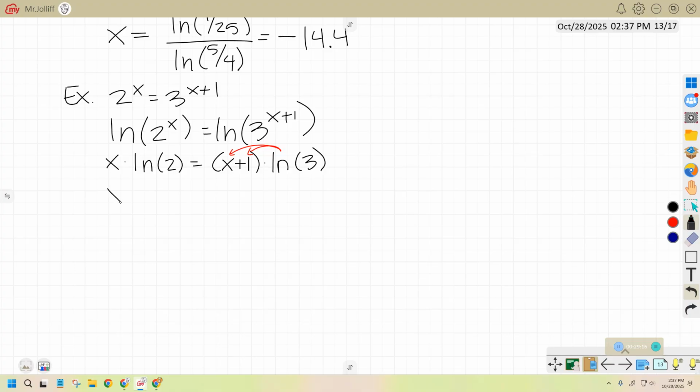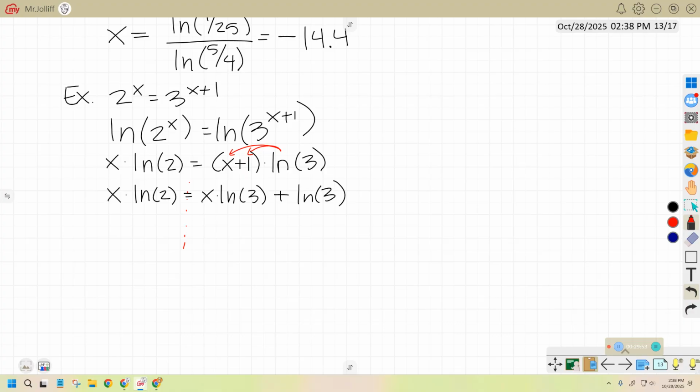We need to separate the x's from the numbers. Julie, suggestion. What's next? What would you do? I want to get all the x's on the same side of the equation.